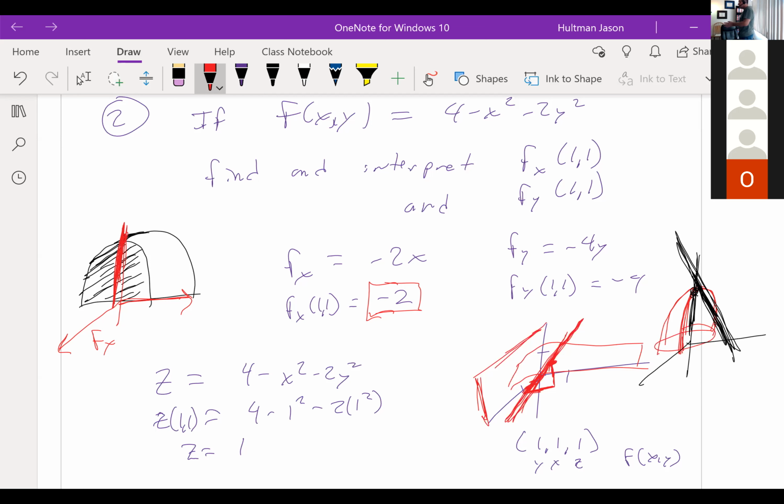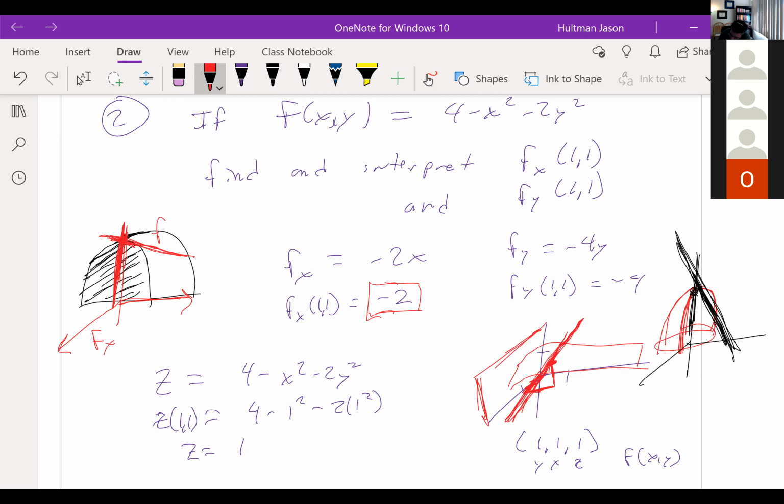Orthogonal to the x direction. I turn to the y direction. Am I still safe? Am I safe to move in the y direction one step? Yes, I'm safe. Why? Because the slope in the y direction is not undefined. It might be like this.